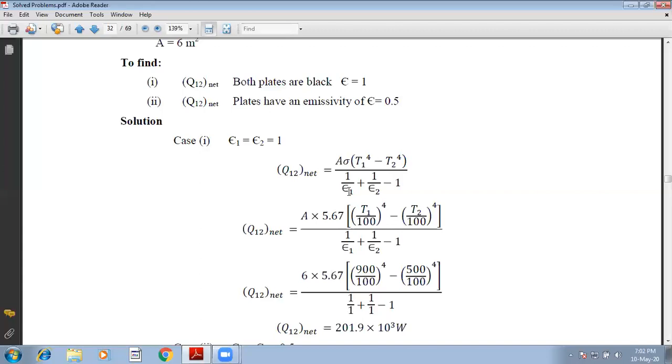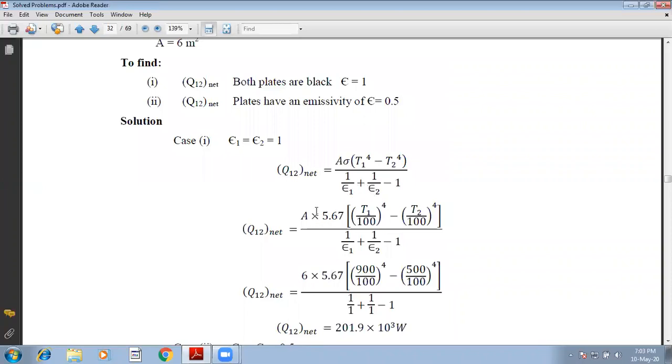In this case, there could be an alteration considering one body to be black and the body with the emissivity of some value. In that case, the body which is considered to be black, the emissivity value should be considered as 1.